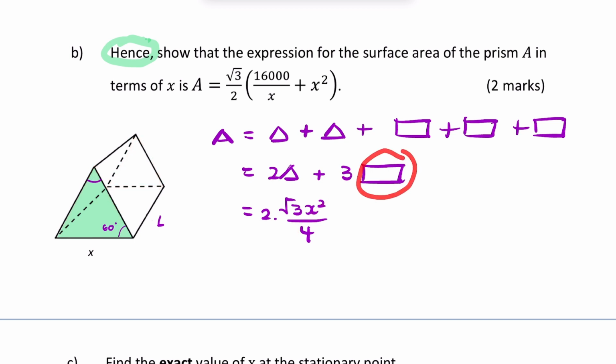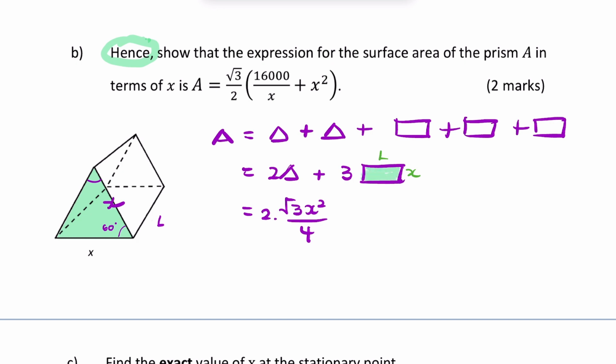Now for the rectangles, the area of a rectangle is the length times the width. This side is x, and this side is L. So really we're multiplying L times x to find this area.